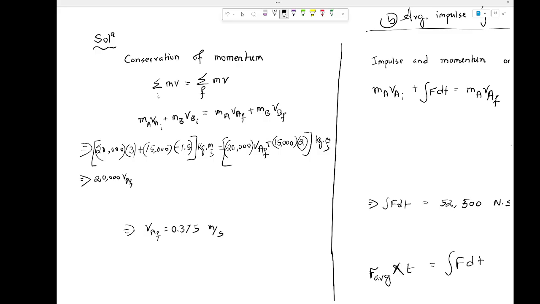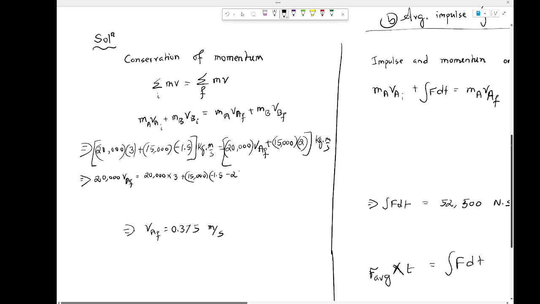I'm going to rearrange things from here to there. Then I have 20,000 multiplied by 3 plus this 15,000 multiplied by 1.5.